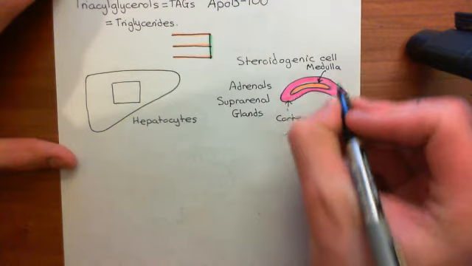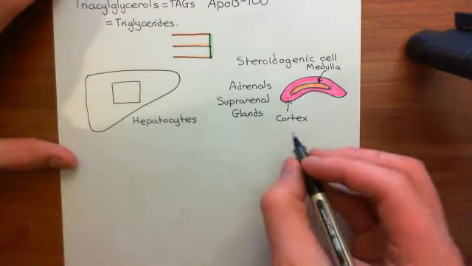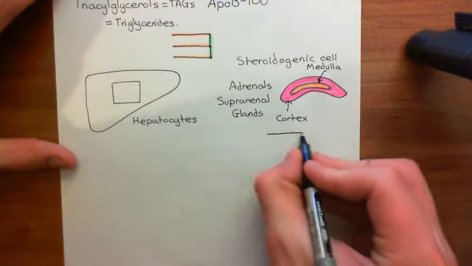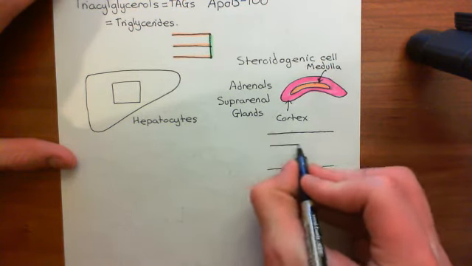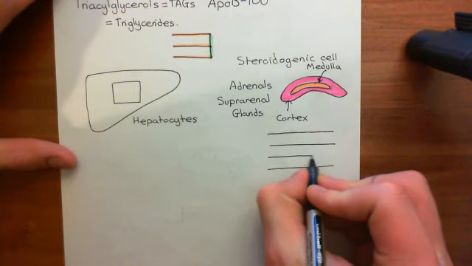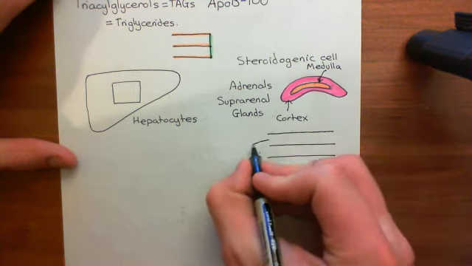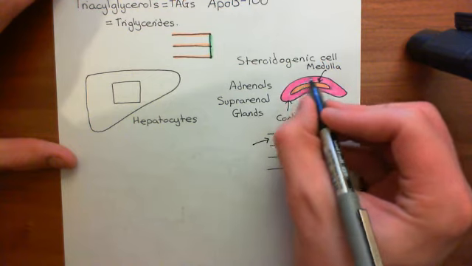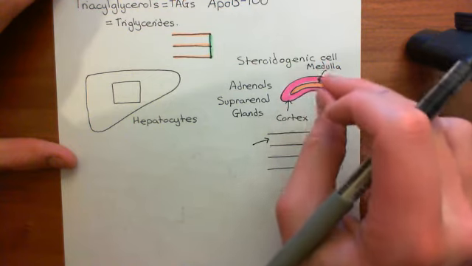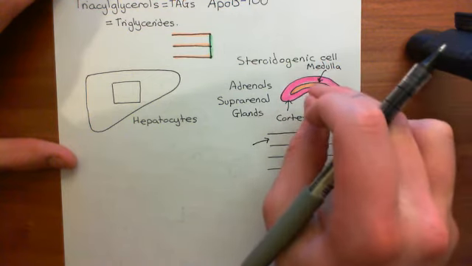Now the cortex is further divided into three separate layers. Let me show you these. We have the zona glomerulosa, which is the most outer layer. It's the most peripheral layer, the layer you'd reach first if you were drilling in from the outside.